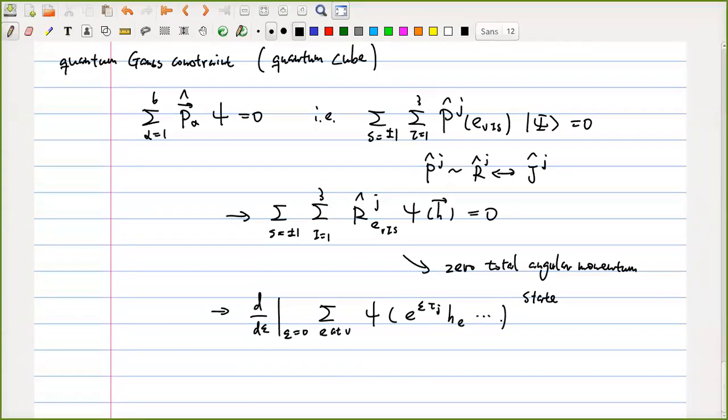It means you consider a simultaneous left translation of all the edges at the vertex, and then take the derivative with respect to the parameter. You consider the parameter to be the same for all the edges. You have 6 edges, and you make the left translation of the holonomies by a group element on these 6 edges, using exactly the same parameter epsilon, and then you take the derivative in epsilon. What you get is just the formula above: the sum over right invariant vector fields, and the formula just means this equals 0.